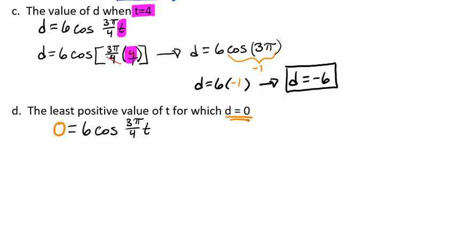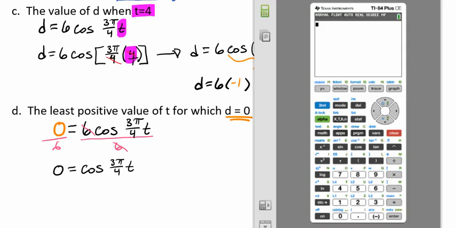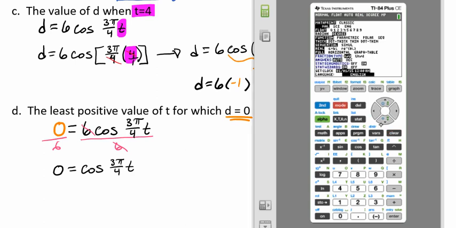Here we're going to solve. We'll start by dividing both sides by 6. Well, 0 divided by 6 is still 0. From here, we're going to use our graph to help us. So we'll pull up our graphing calculator, and go to mode and make sure that we are in radians.